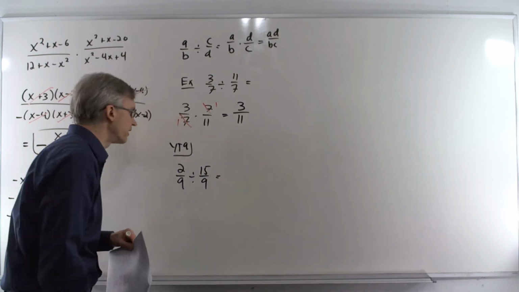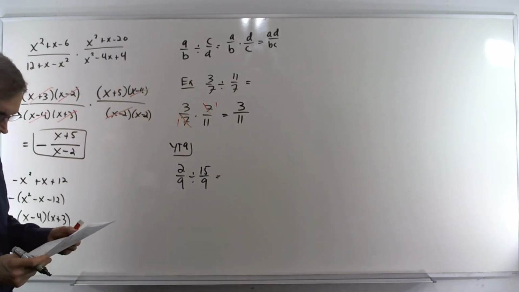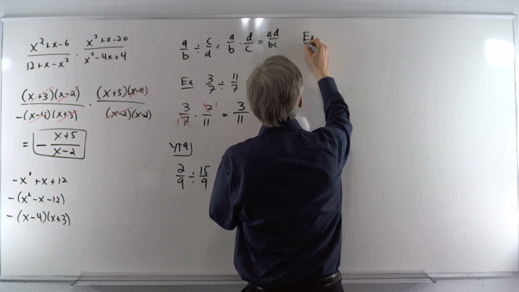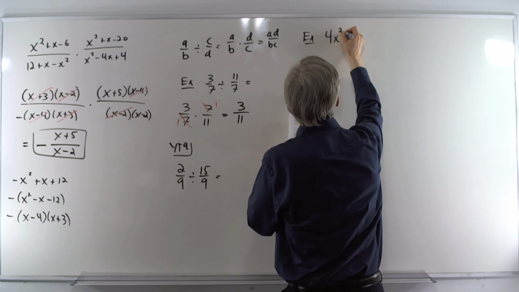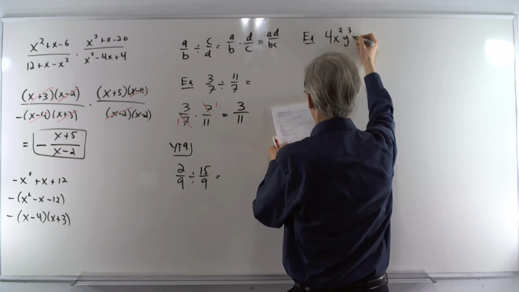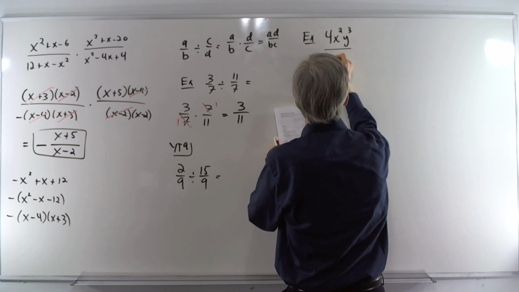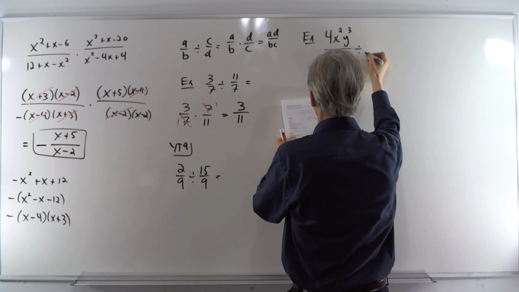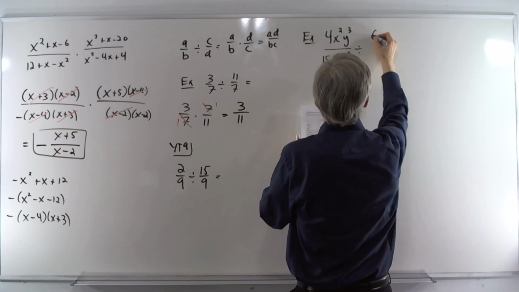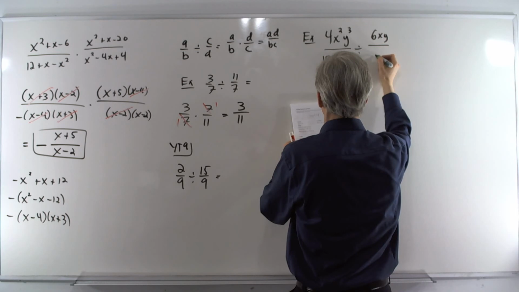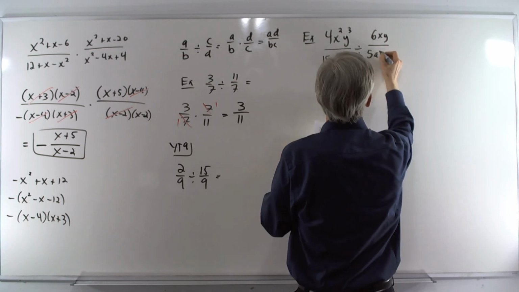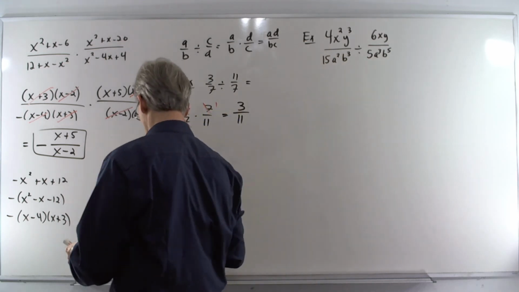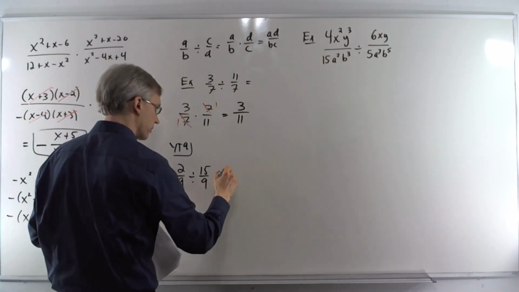Two ninths divided by 15 ninths. So convert this one to multiplication.